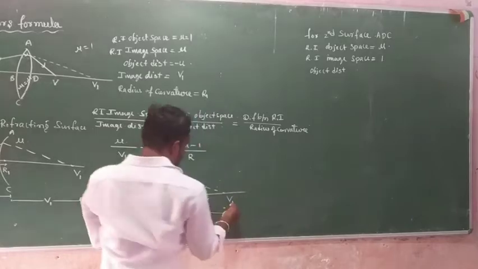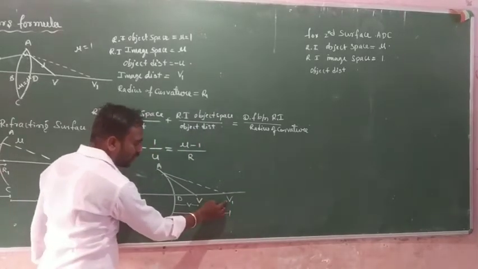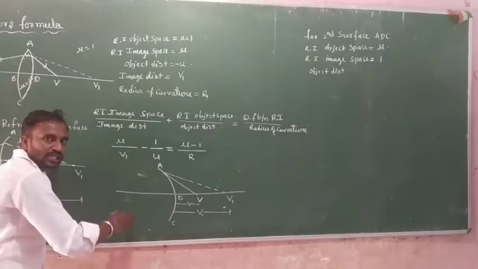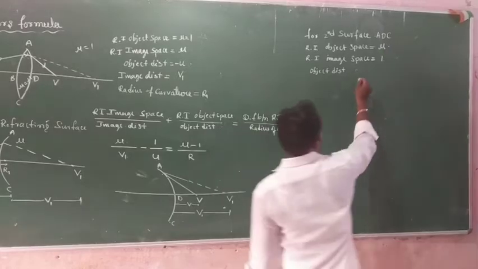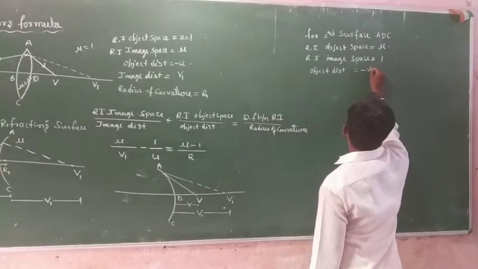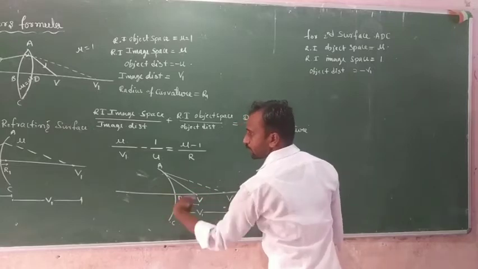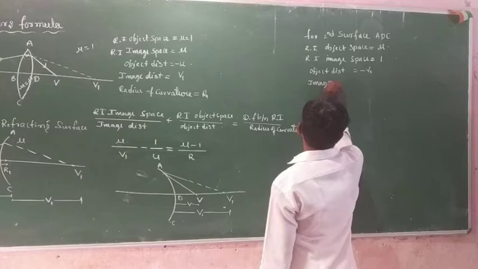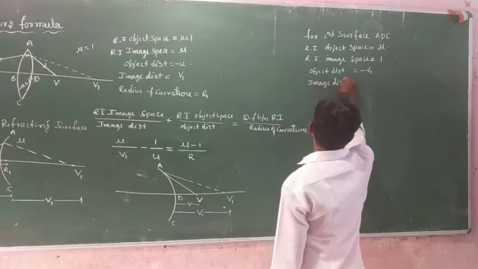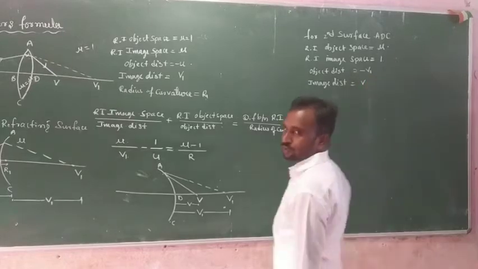Imagine this V1 is present in a glass media, so we consider the object distance minus V1. Why? Because it is present in a glass media opposite to the incident ray. And the image distance is V.